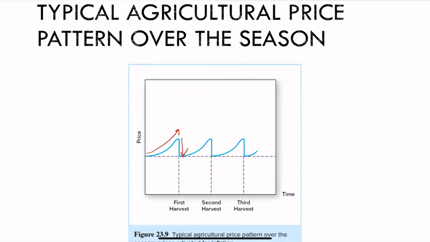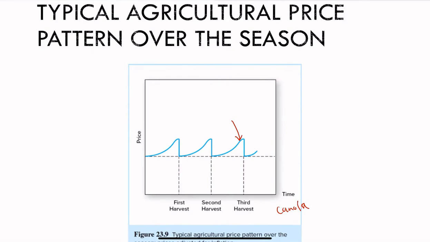And then for the second cycle, you will observe the same pattern here. For the third cycle, same pattern. So this basically implies that if you wanted to buy, let's say this is wheat, or canola, let's say this is canola, and you wanted to buy it at this time, right?